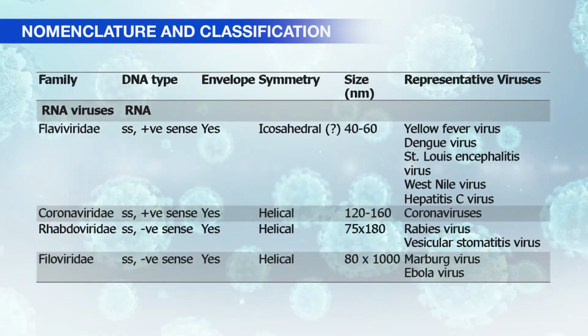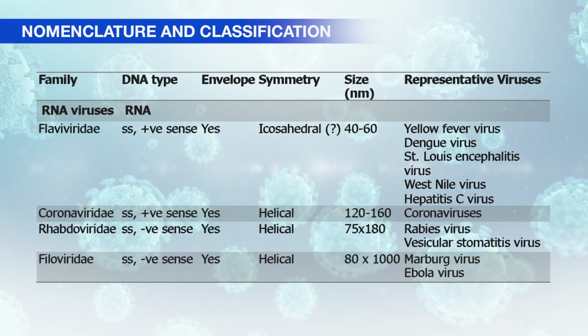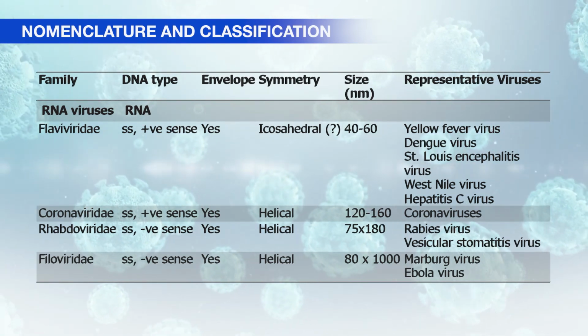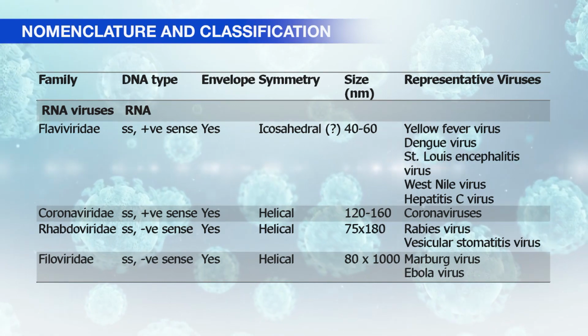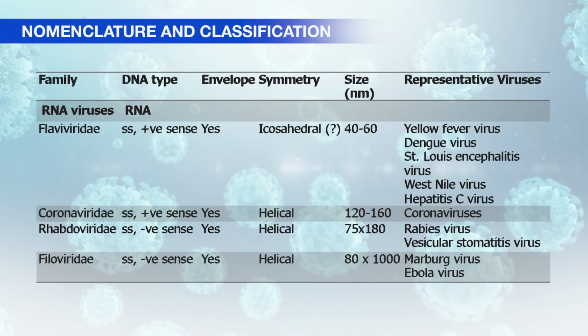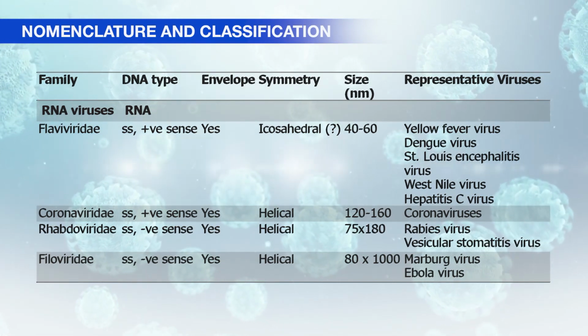The symmetry is icosahedral. The representative viruses in Picornaviridae, the most common you would know, are poliovirus and enterovirus with hepatitis A virus; in Caliciviridae you can see hepatitis E virus with Norwalk agent; and in Togaviridae you can see rubella virus.